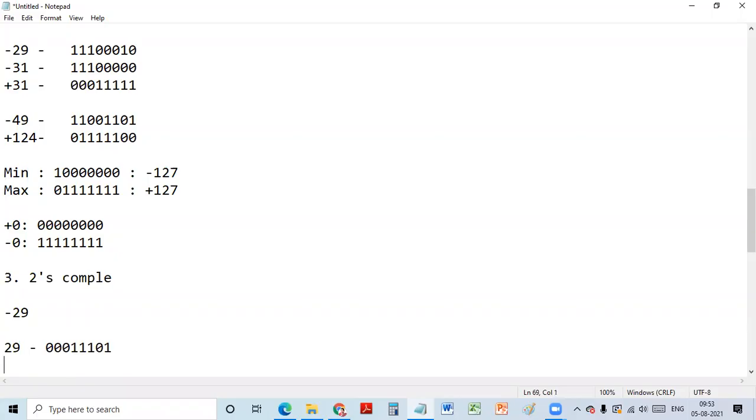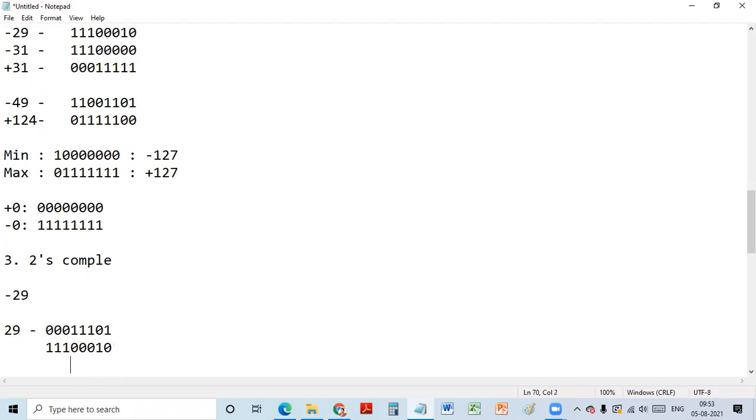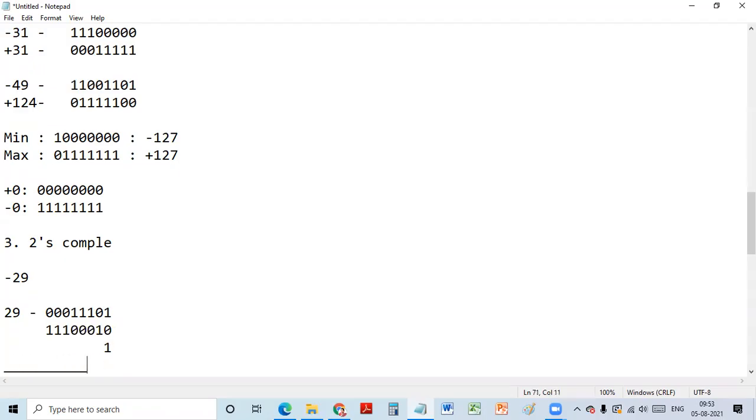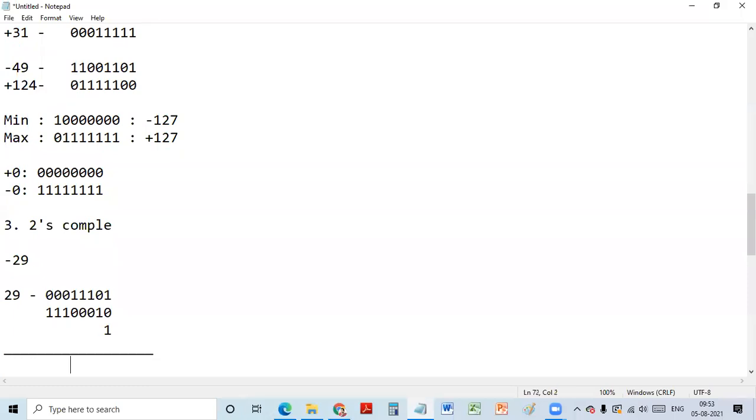Now I want minus 29. So what should I do? First, I have to take the 1's complement of it: 1, 1, 1, 0, 0, 0, 1, 0. And then I have to add a 1 to it. Then I'll get my actual minus 29: 1, 1, 1, 0, 0, 0, 1, 1. So this is your minus 29.